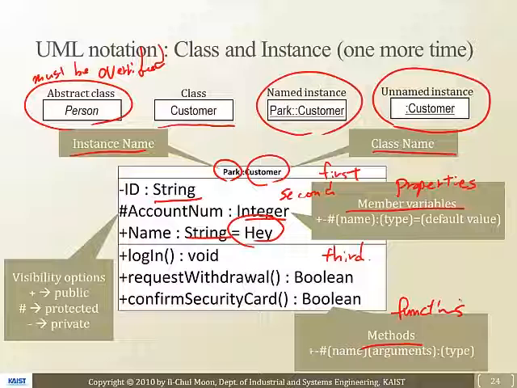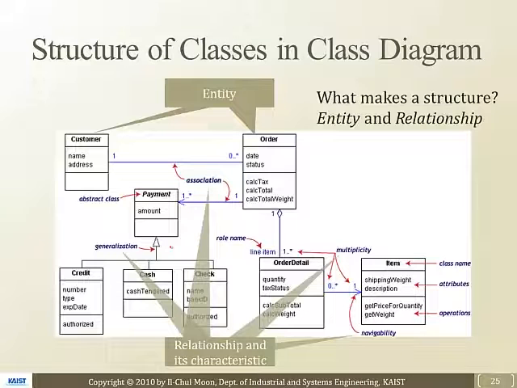The first box says the name of the class, the second box says what it is going to store, and the third box of the class diagram specifies the behavior, the functions and operations of the class. Okay, we already covered this in the last part.